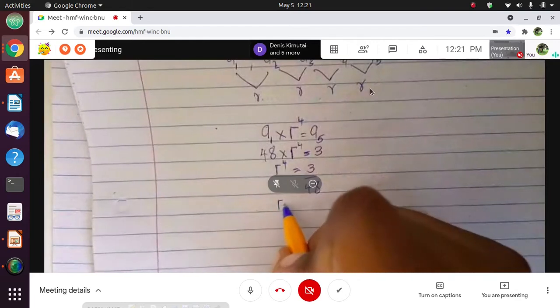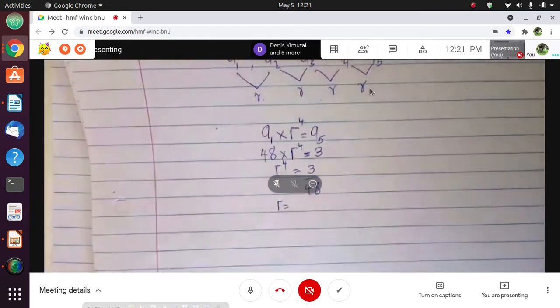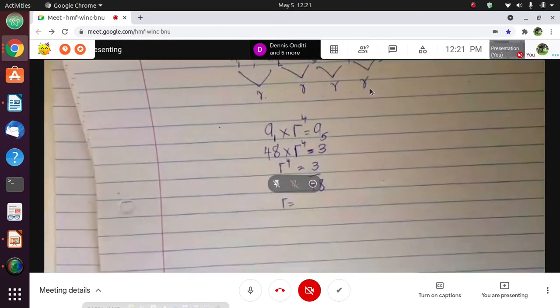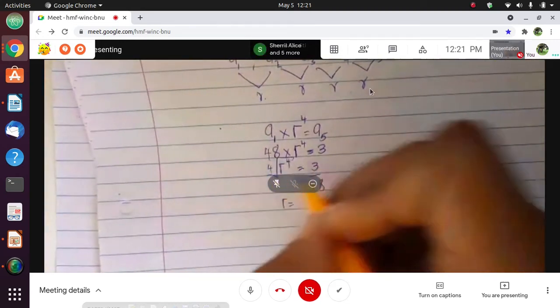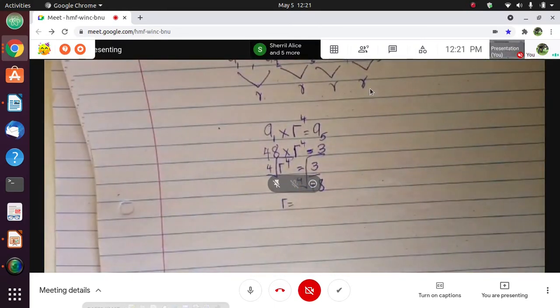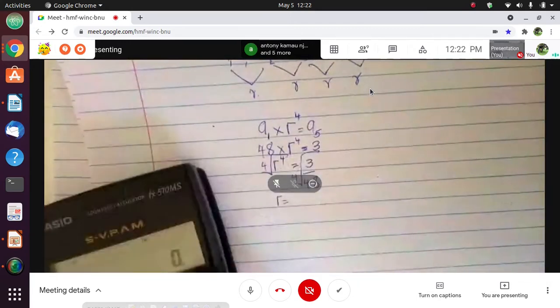Therefore, the common ratio between those successive terms will be the fourth root of 3 over 48. I want us to find the fourth root of 3 over 48.